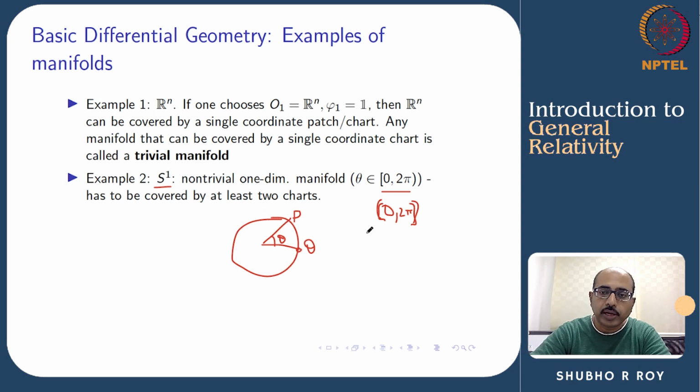What you can do is you can cover the circle by two charts. For example, you can take a chart in which theta takes value minus pi plus delta to delta.